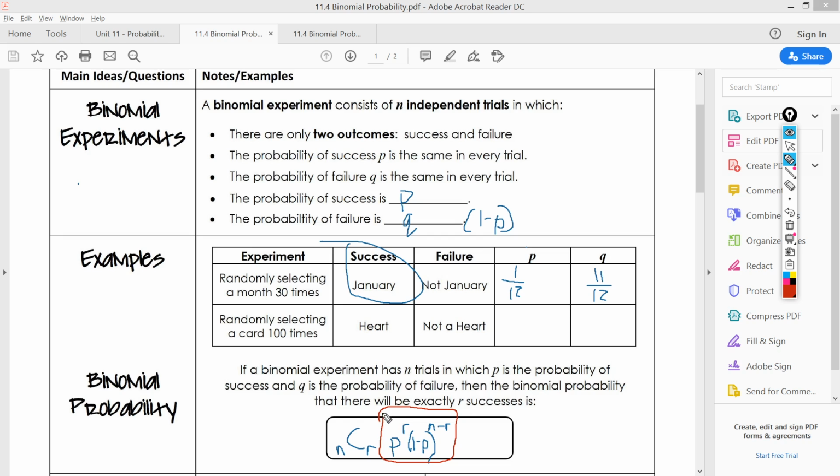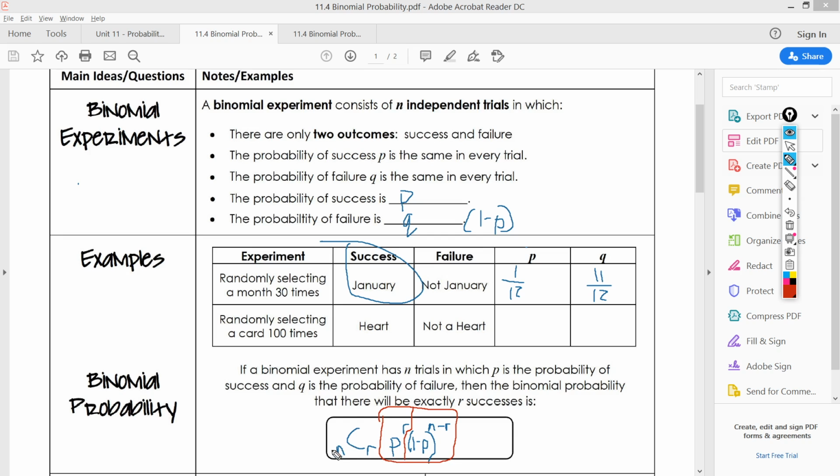P raised to the Rth power, P is my probability of success, raised to the number of successes I expect. And then 1 minus P, that's my probability of failure.